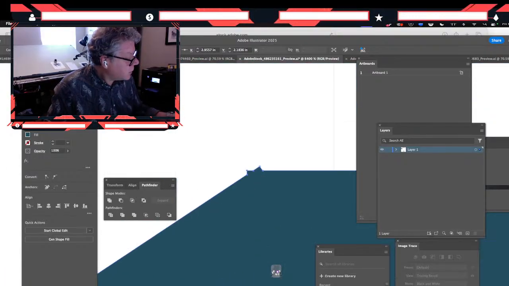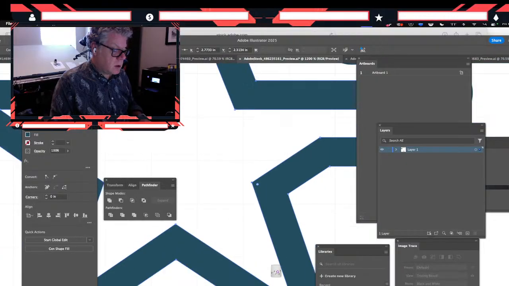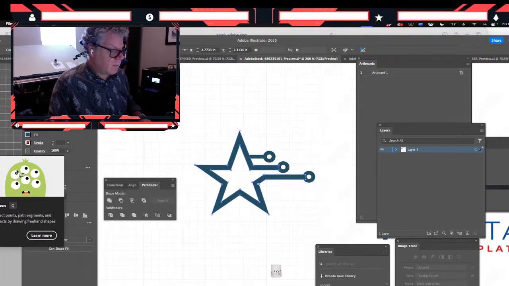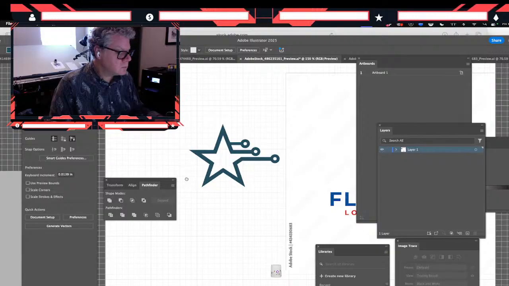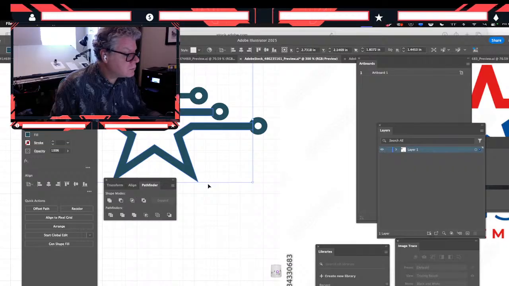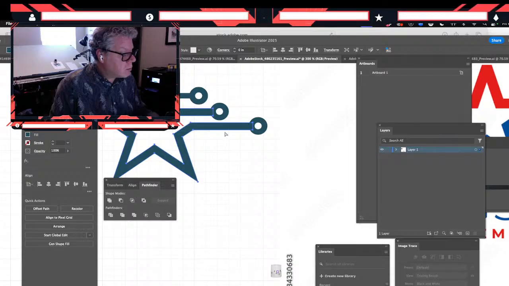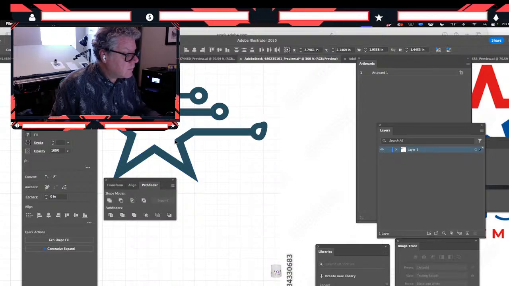A mess. So I want to make sure these are also evenly spaced.